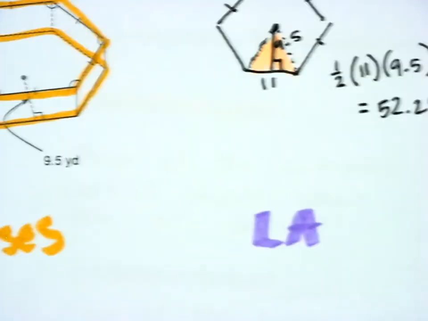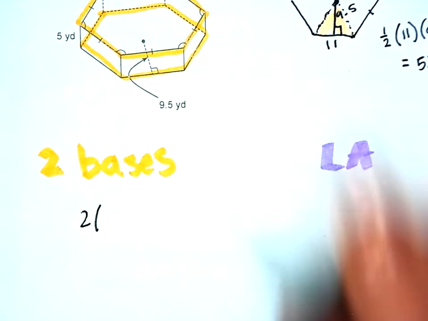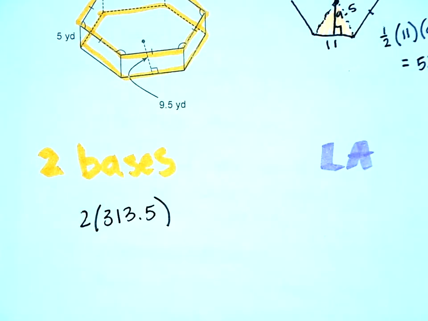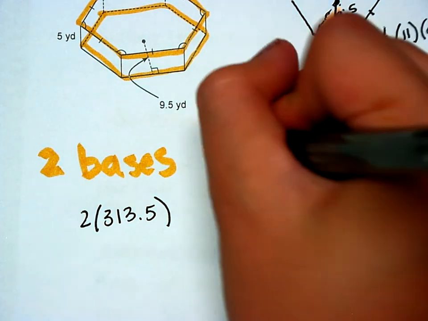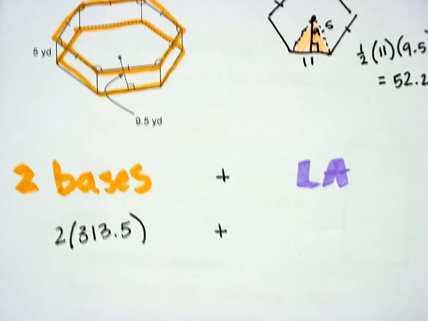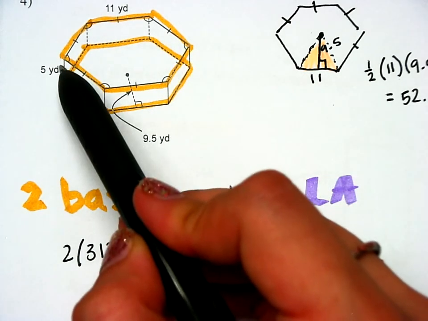Okay, so now that we have that value over here where it says two bases, let me zoom out just a little bit. We're going to write 2 and then the area that we just found of one base, just like that. Okay, don't forget we're going to add our lateral area. Our lateral area is the perimeter of this hexagon times the height of the object.